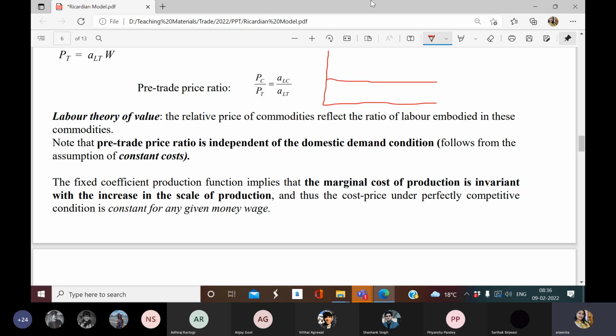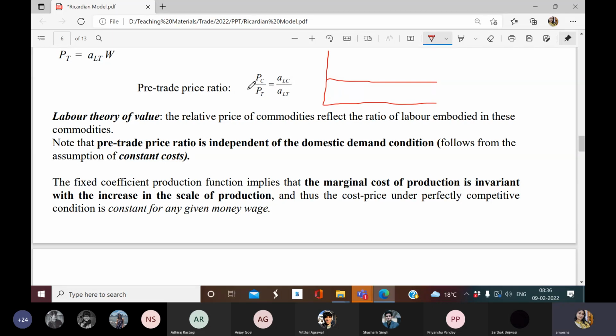You have CRS throughout because labor is the only factor of production. If you have to change output, then you have to change labor. There is no distinction between the fixed factor and variable factor here, and you have constant cost.